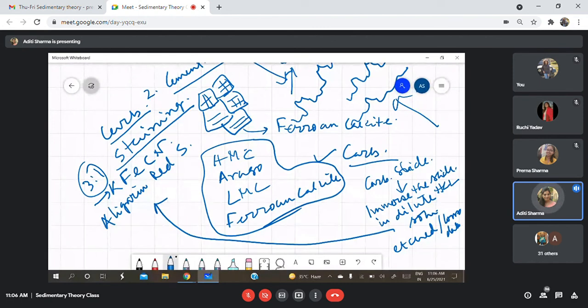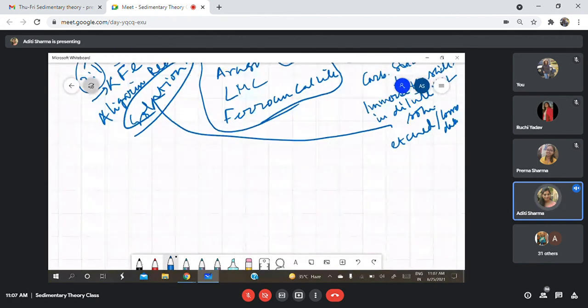So we have a salt, potassium ferricyanide, and alizarin red S, and we make a solution of it. We keep the slide submerged in this solution for 15 to 20 minutes, then take the slide out, wash it in running water, and see it under the microscope.